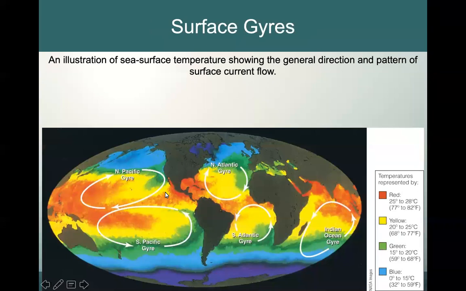Now, this image is showing us sea surface temperature, and it also has, again, a simple schematic of our different gyres.